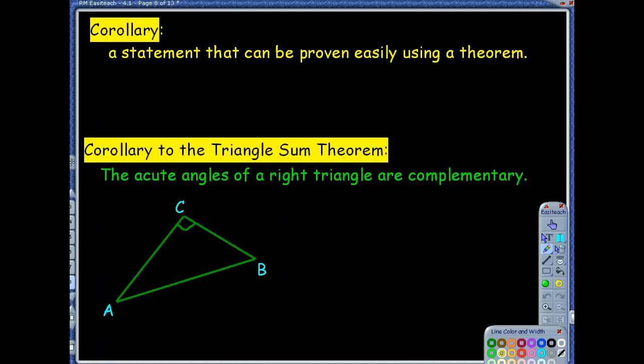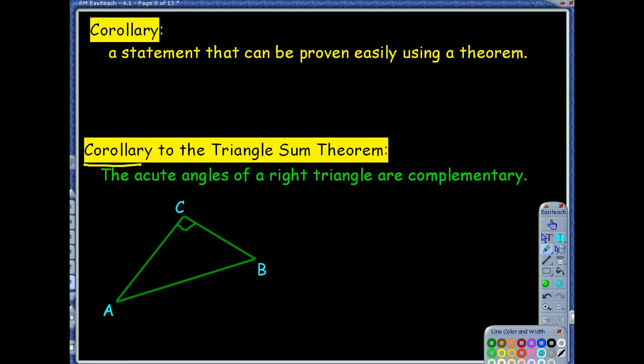So when we say the corollary to the triangle sum theorem, this is talking about a very specific case within the triangle sum theorem. And I think the corollary is like something additional to what you already have. Absolutely. If you already know what the triangle sum theorem is, that the interior angles add up to 180, a corollary to that would be something extra, something more specific, maybe a special case in a sense.